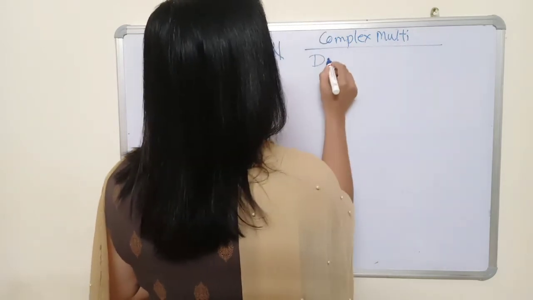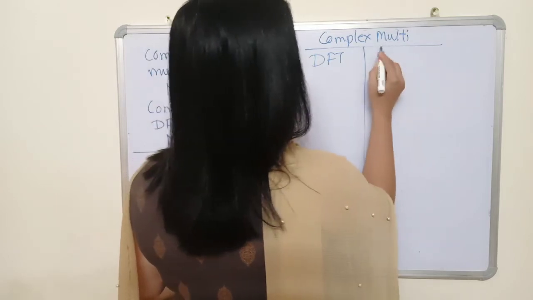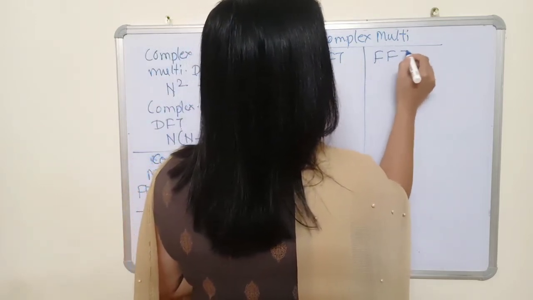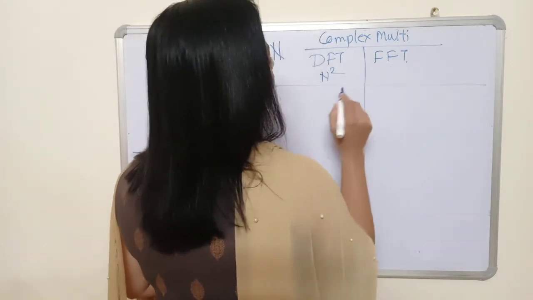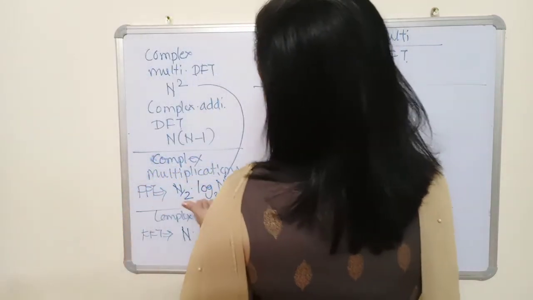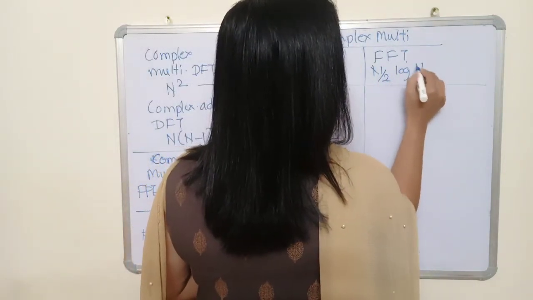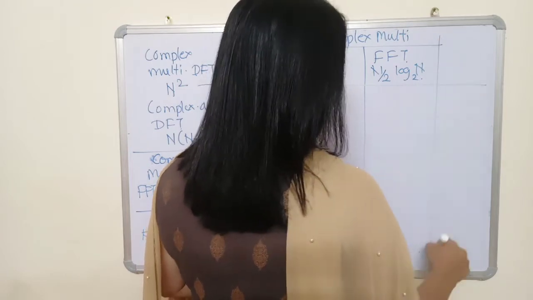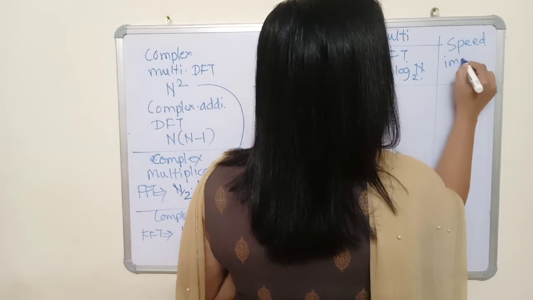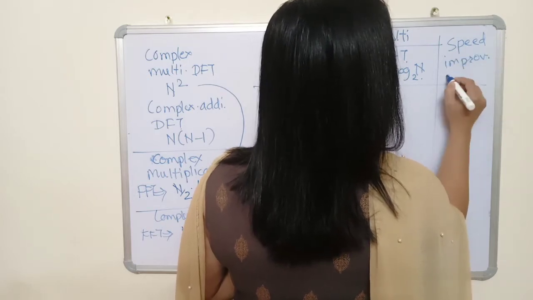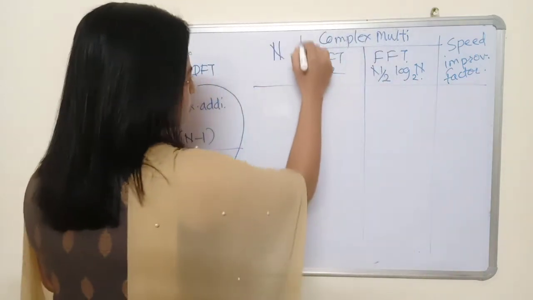First we'll write for DFT and then for FFT. For DFT we need to calculate n square, and for FFT we need n by 2 log n to the base 2, and here we'll write the speed improvement factor. So we'll take a ratio of these two.